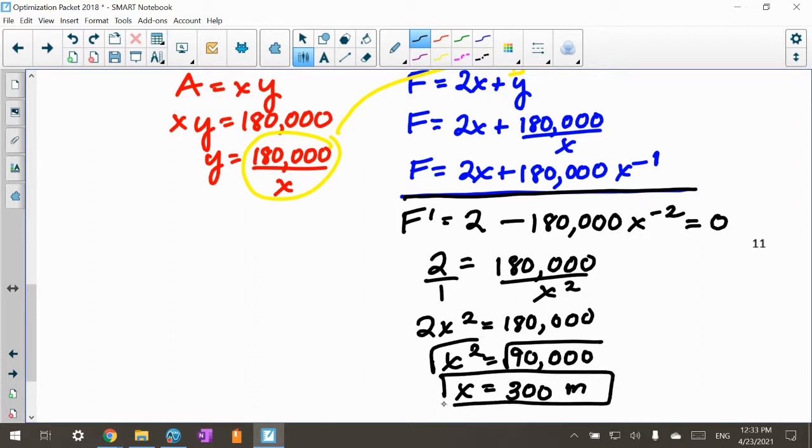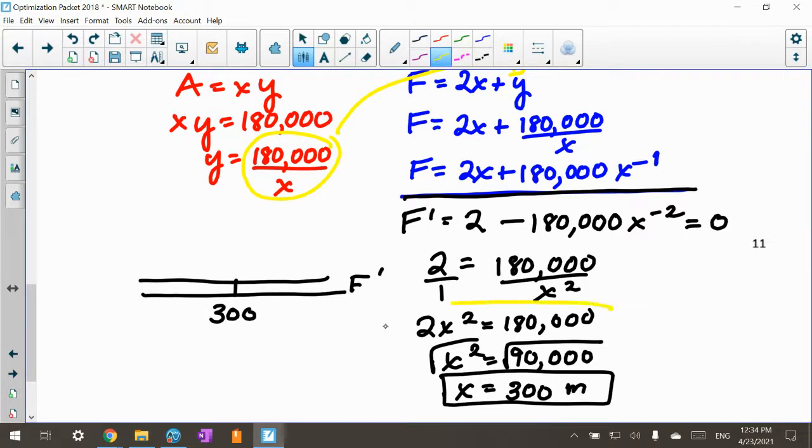Okay, now right adjacent to this, I want you to do your first derivative test. So we're going to set up our f prime bar right here, and we're going to put 300 right here in the center, and we're going to go to the left and the right. So I kind of have it right here for you. So let's circle this right here.